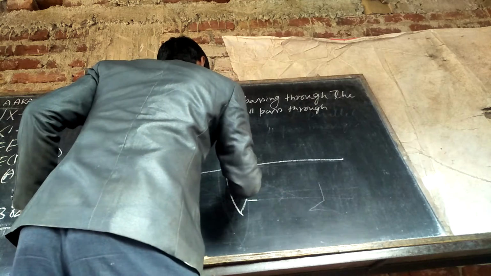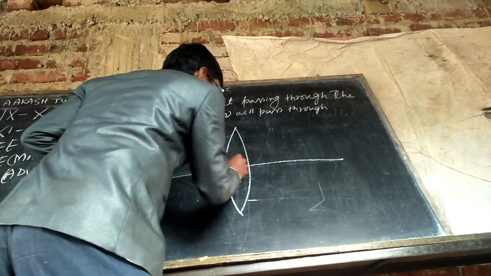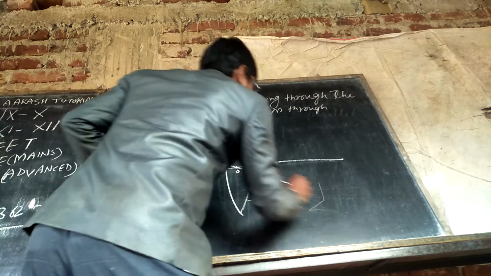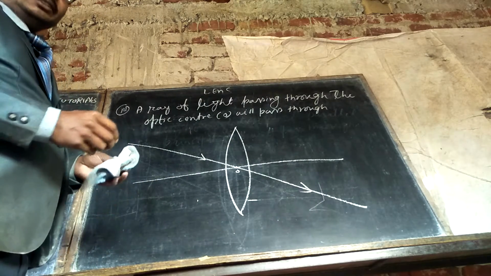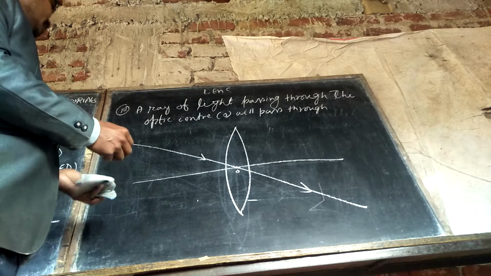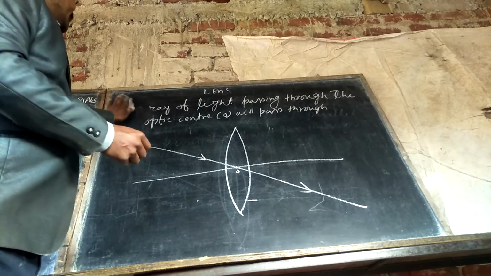This is optic center O. If a ray of light is incident at O, it will pass through. These are the three rays which will help us to plot the ray diagram.